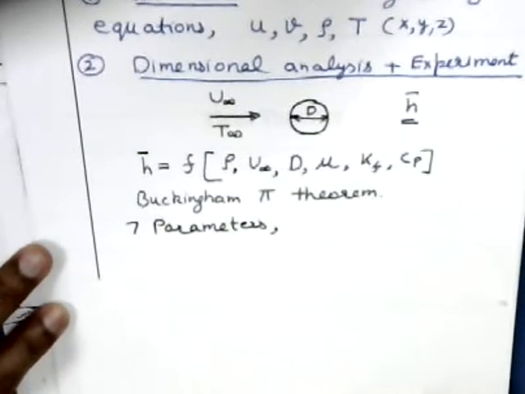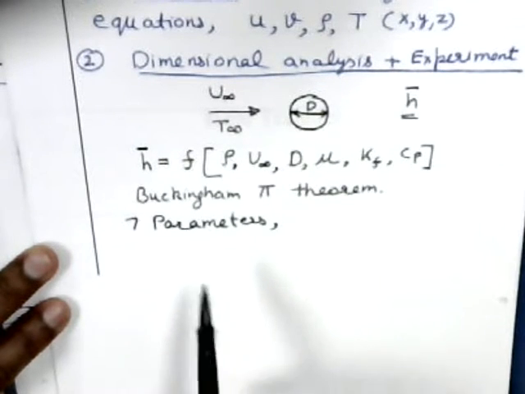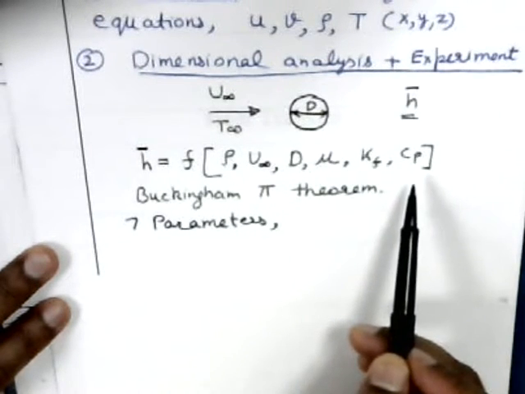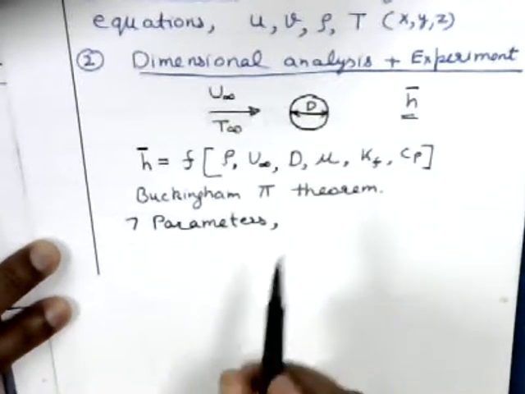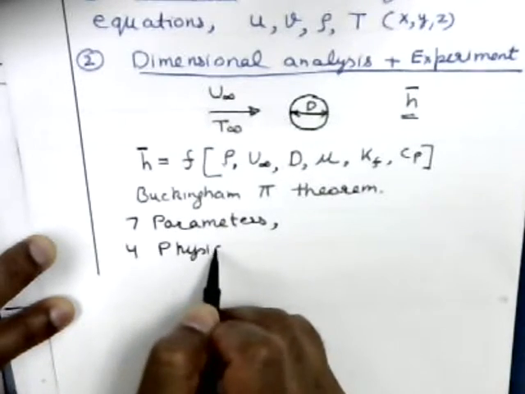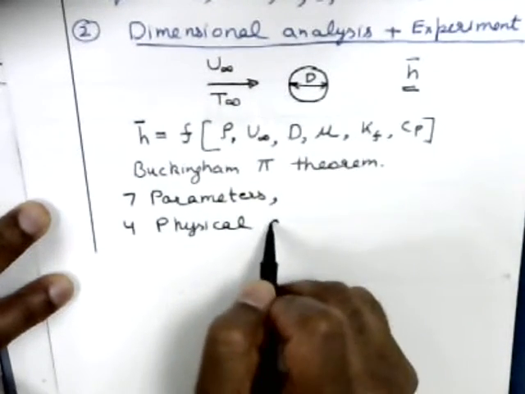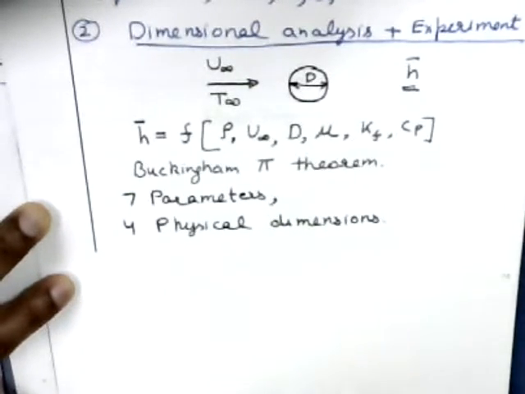And we also see how many physical dimensions we have to describe these parameters. Actually, we are going to have 4 dimensions here: length, time, mass, and also temperature. So you have 4 physical dimensions that describe these parameters.